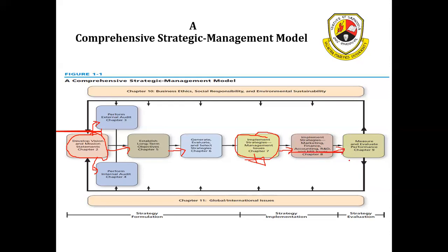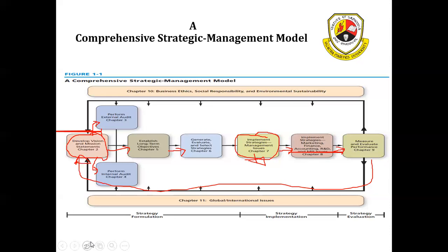Once these changes are made, after a certain period, we evaluate performance in relation to, again, our mission and vision statements. We evaluate if we have achieved them. How much further do we need to go? What new strategies do we need?